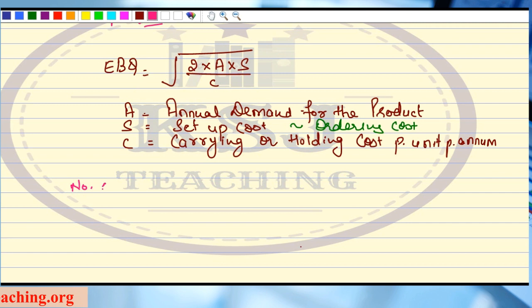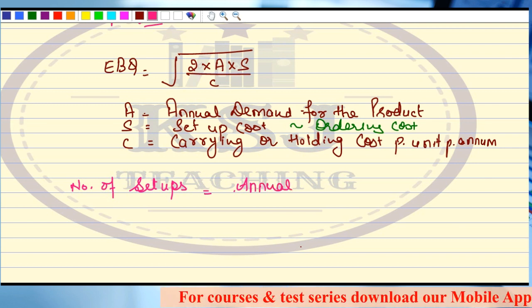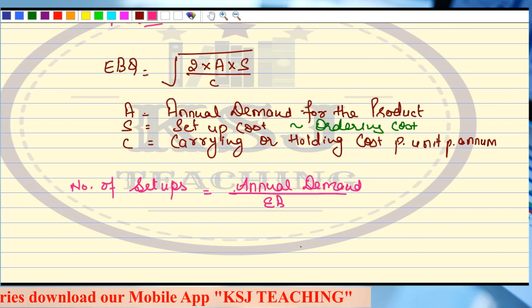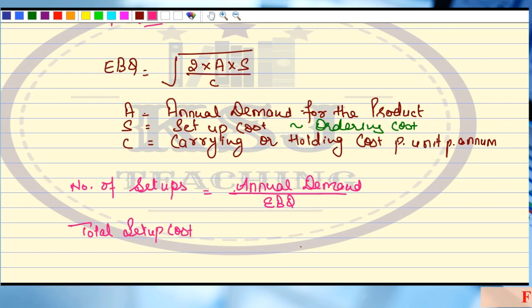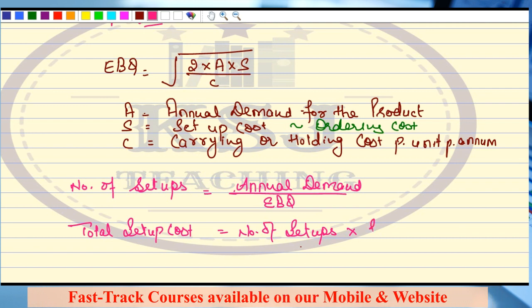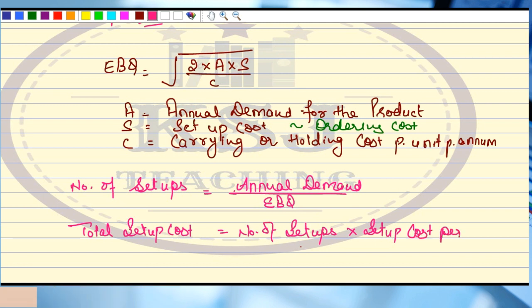I'll write it down. Number of setups is equal to annual demand divided by EBQ. Total setup cost is equal to number of setups multiplied by setup cost per order, I can say setup cost per batch.